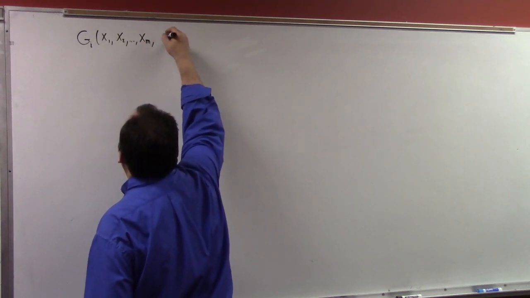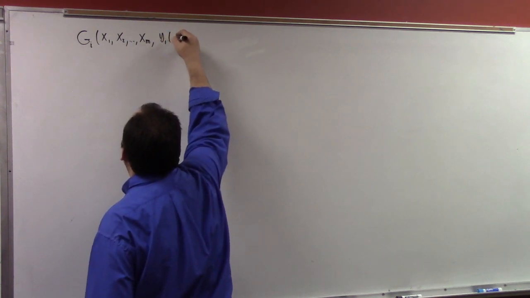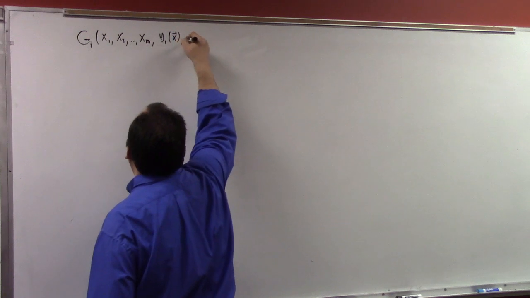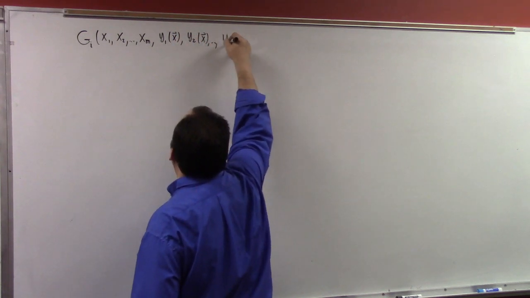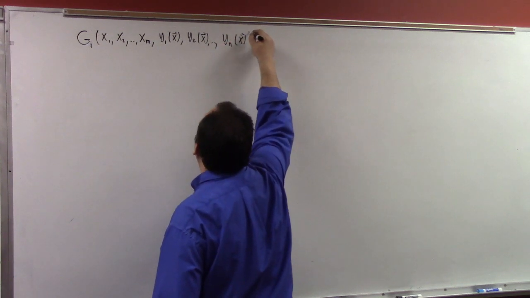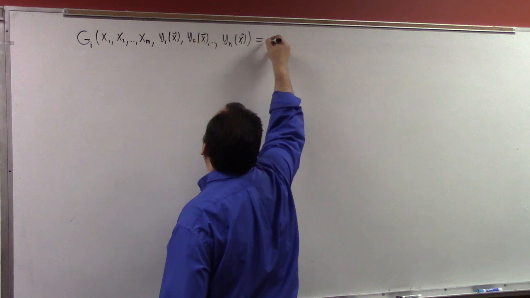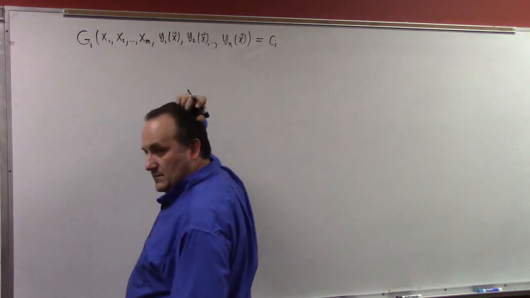And then suppose we've got y1 of the x's, y2 of the x's, yn of the x's, all right? And that's equal to your ith constant, right?